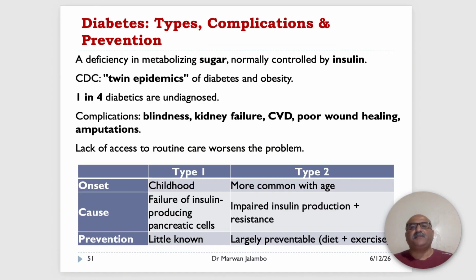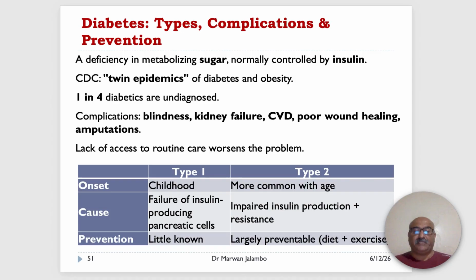Diabetes: types, complications, and prevention. Let's understand what diabetes actually is before we talk about types. At its core, diabetes is a deficiency in the body's ability to metabolize sugar, to take the sugar in your blood and move it into your cells where it can be used for energy.